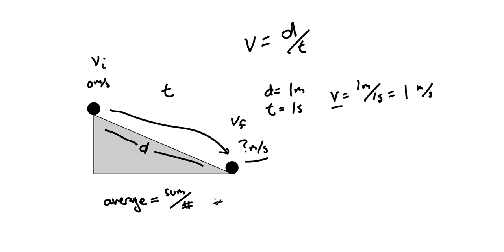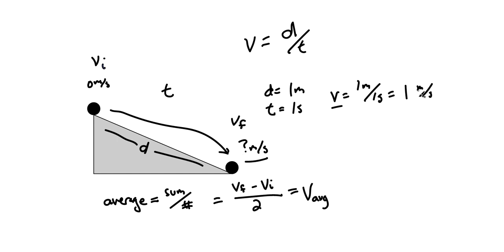So our average equals our final velocity plus our initial velocity, divided by, we have 2 readings, 2. So V final plus V initial divided by 2 equals your average velocity, V average.